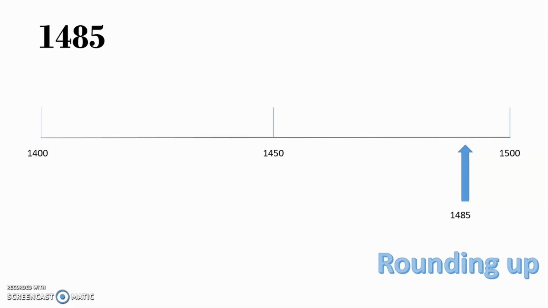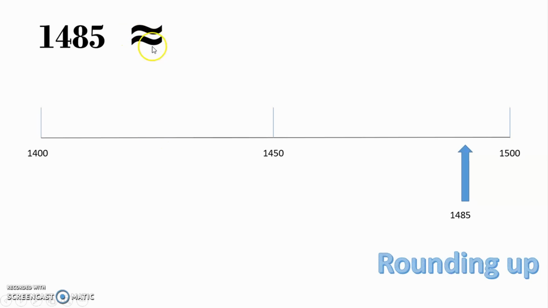That is called rounding up. Why did I use 1,500 and not 1,400? Because 1,485 is actually closer to 1,500 than it is to 1,400. So what I did just now is called rounding up or approximation.